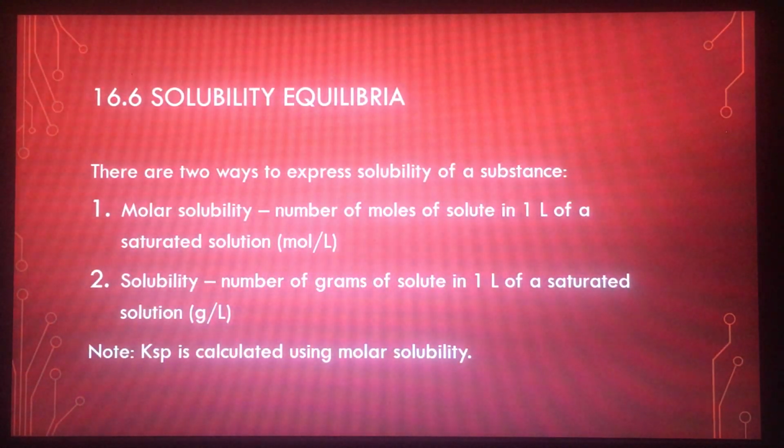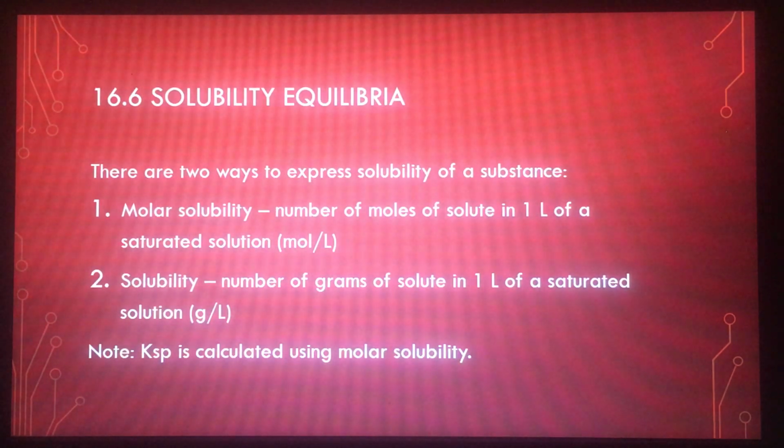Okay, moving on. There are two ways to express the solubility of a substance. Again, when we say solubility, it's like a concentration of the solid in the solution. First, we can have molar solubility, which is the moles of the solute per liter of, take note, a saturated solution.